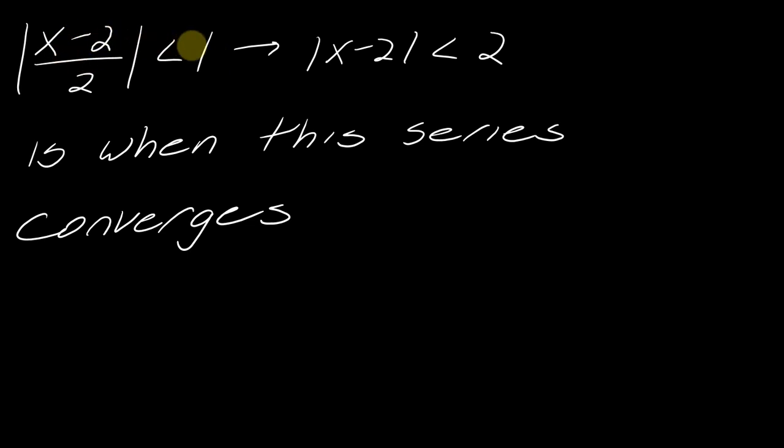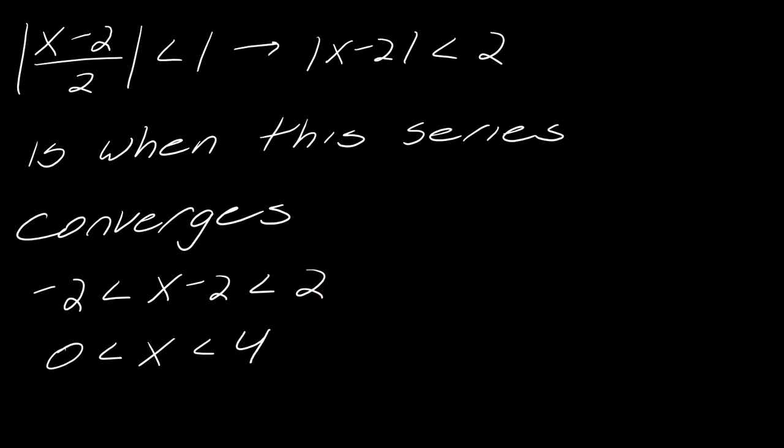This condition will hold as long as |x minus 2| is less than 2, so I can multiply 2 to the other side. And since this is just an absolute value inequality, I can set up this inequality here, so negative 2 is less than x minus 2 is less than 2, and then I can just solve for x. So this series will converge when x is between 0 and 4. Okay, cool. So I've got the answer to that part there, and that's not the whole picture.